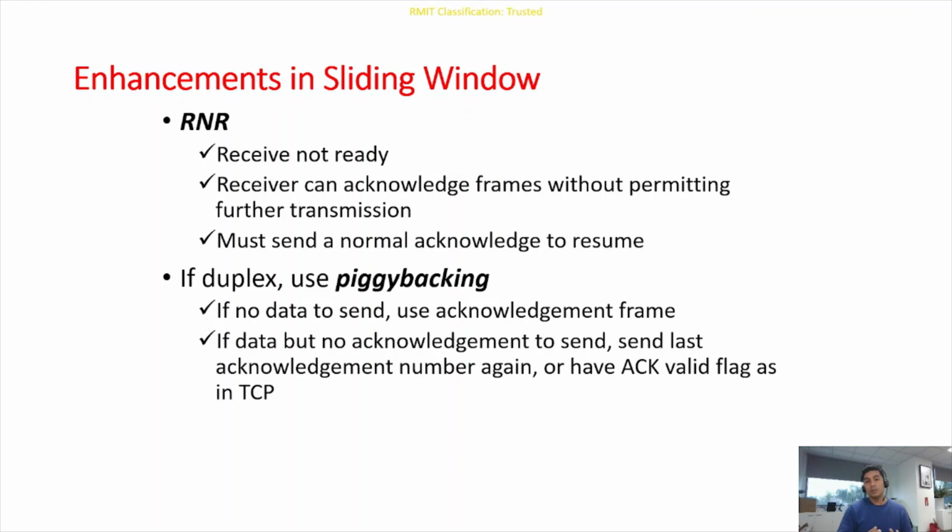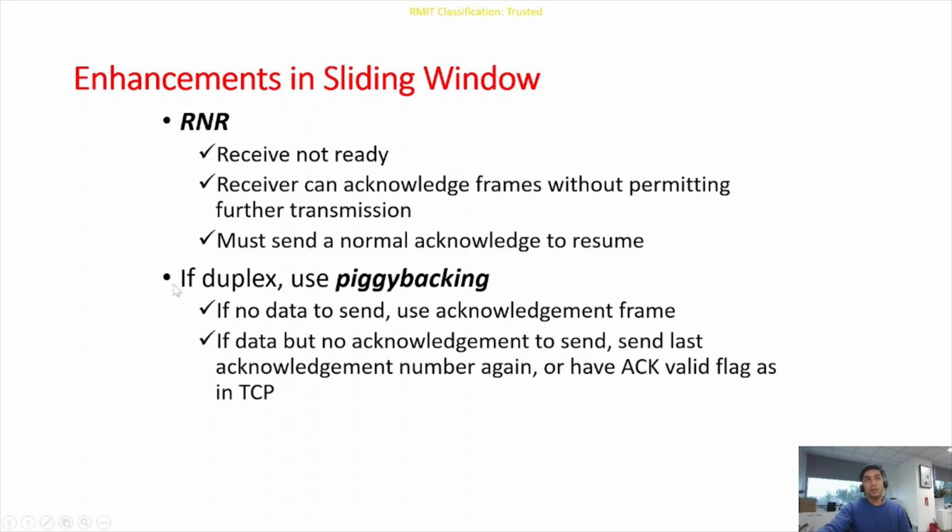So that will help the receiver to stop the sender from sending any further frames. In that case, the sender will not be able to send any frames further, and in order for the sender to send any frames, it needs to receive the normal acknowledgement from the receiver.